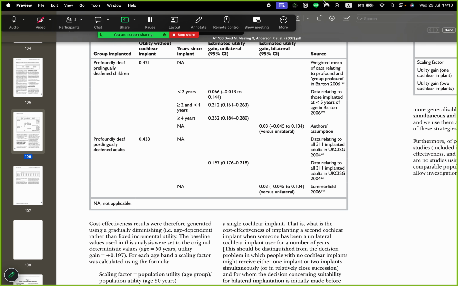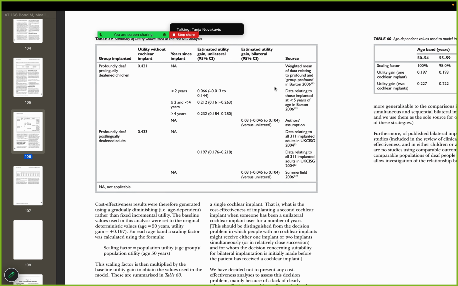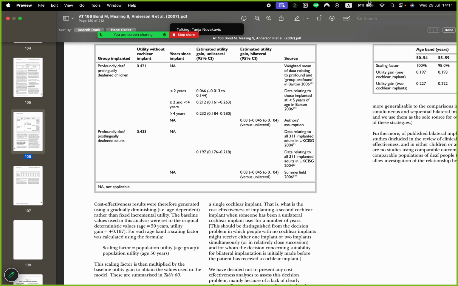Utility is probably the wrong way to look at it. The right way is how utility is estimated from something like the HUI 3.